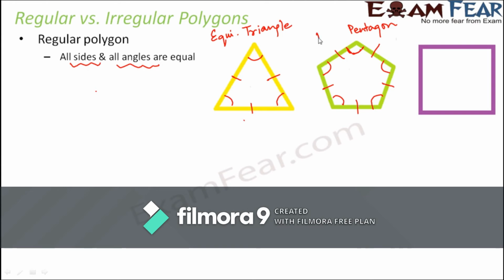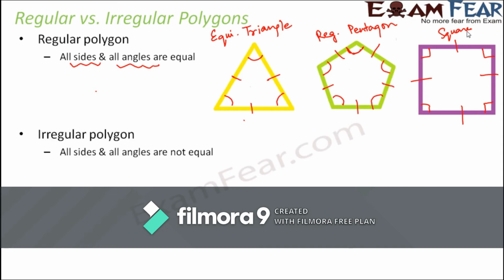So this is basically a regular pentagon. Think of a square. A square also has all its sides equal and all angles equal to 90 degrees. Therefore, square is also an example of a regular polygon. So a regular polygon always will have all their angles equal and all their sides equal.